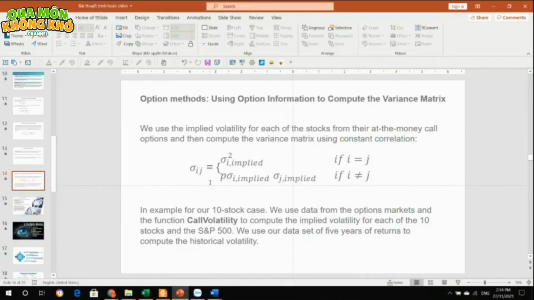Like this, and in the example of our 10 stock case, we use the data from the option market and the function called volatility to compute the implied volatility for each of the 10 stocks and S&P 500. We use our data set of 5 years of the return to compute the historical volatility.